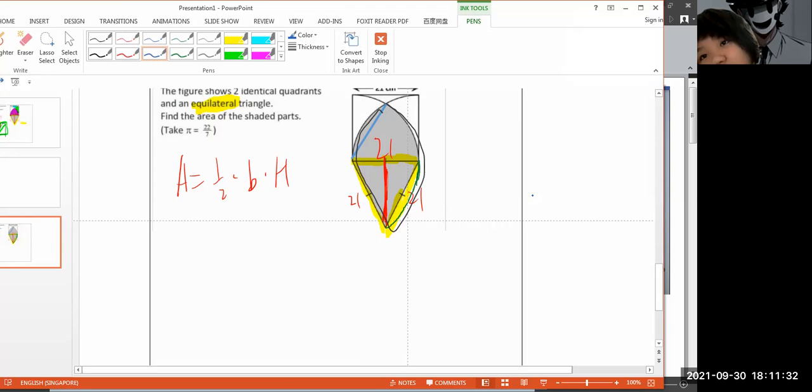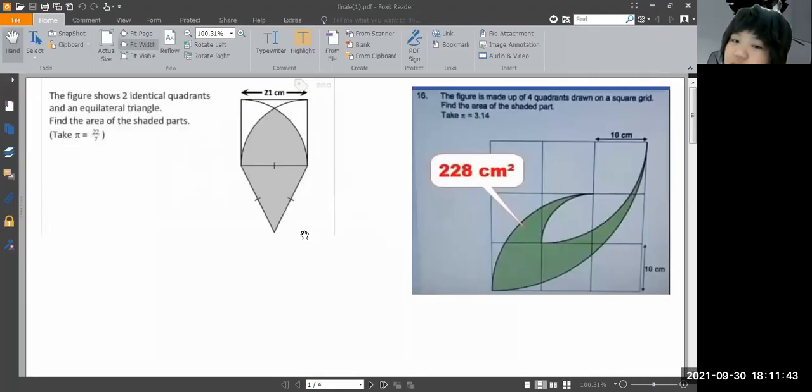Can you see the area of this entire thing? Hold on. Let me clear some of this. I need to get the original question out, then it's easier for you to see.